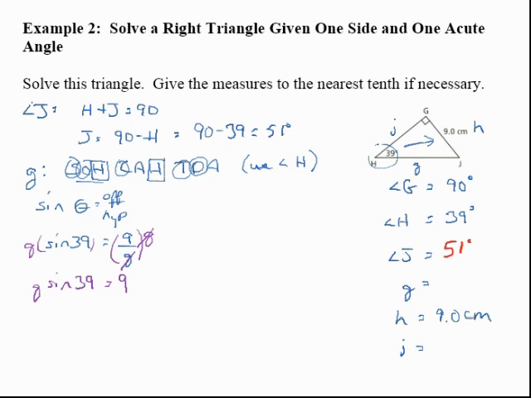Oops, I meant to change pens. I'll use my green magic algebra pen this time. I'm going to divide that by sine 39, and I will divide this side by sine 39. Those cancel out, and I'm left with G equals 9 over sine 39, which my calculator tells me is 14.3.